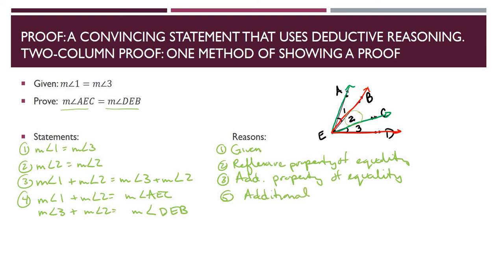And we're going to write down a list of our postulates. The addition postulate for adding angles together. That's reason 4. Okay? Step 5. I'm going to say the measure of angle AEC is equal to the measure of angle DEB.